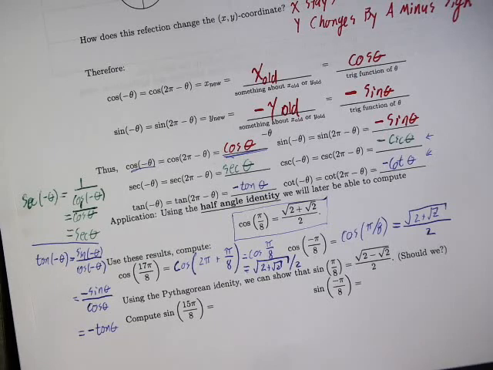Divided by 2 squared, which is 4. Everyone happy enough right now? And since I'm going to subtract this to the other side, I'm going to be proactive and rewrite this one right now as 4 over 4. All right, get a common denominator right now, why not? And now subtract to the other side.